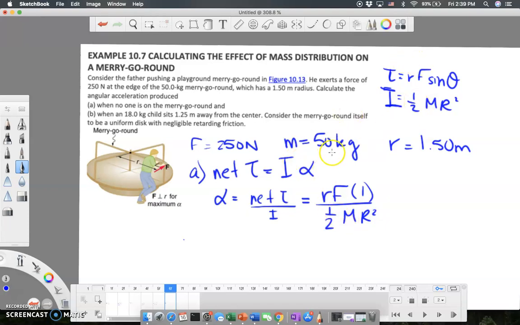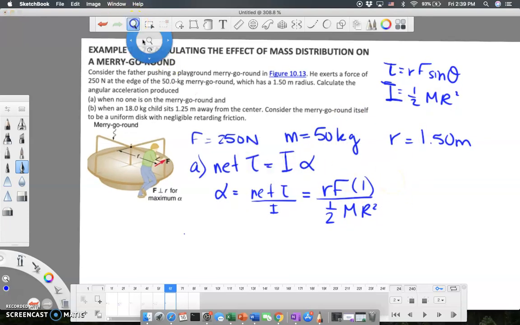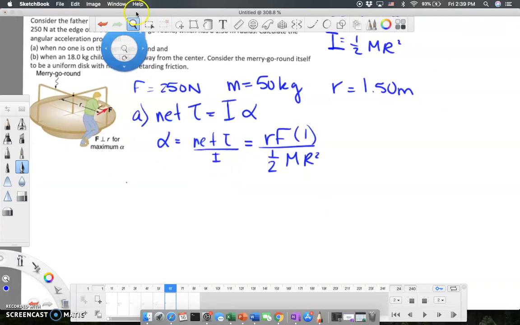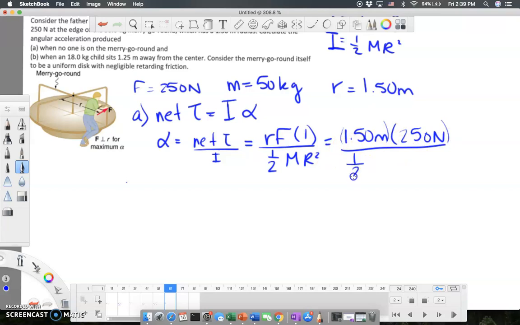So we can go ahead and plug these values in. Our radius is 1.5 meters, our force is 250 newtons, divided by 1/2 times our mass, 50 kilograms, and our radius again is 1.5 meters squared.